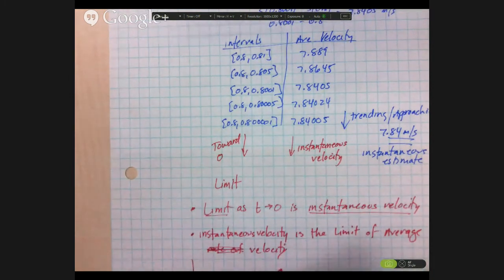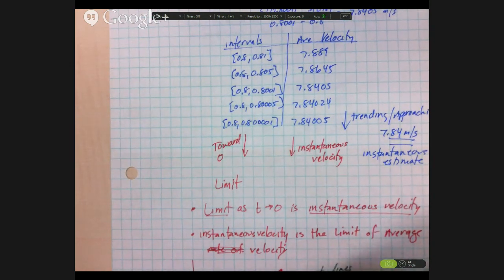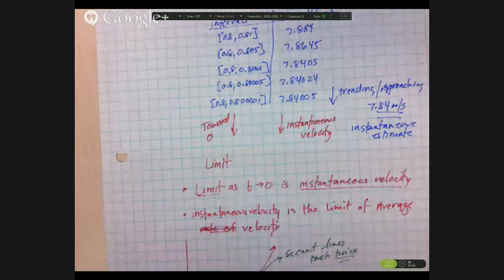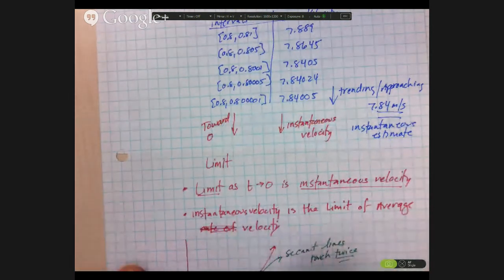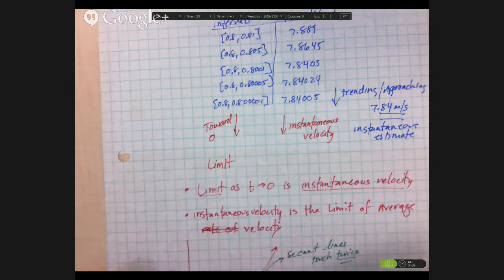We're going to go with a secant line. Secant lines touch twice. But that's not going to be a very good instantaneous velocity. We're going to have to go to a smaller interval. It's going to be better. It's going to estimate that better.